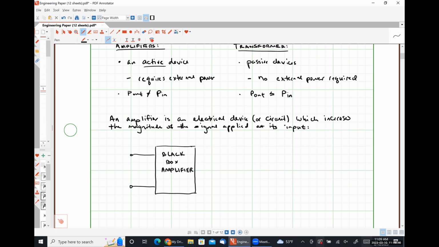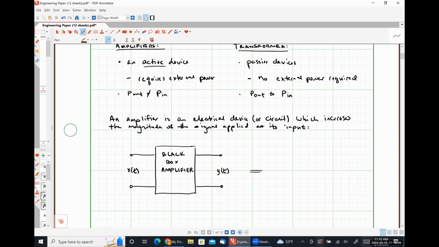So on the left-hand side, we have some input signal X of t. On the right-hand side, we have our output signal Y of t.